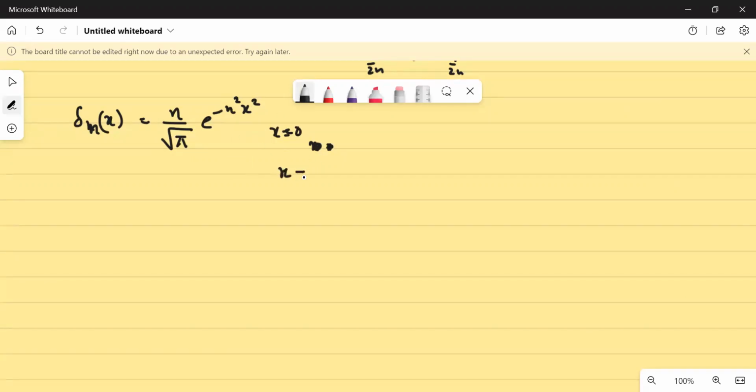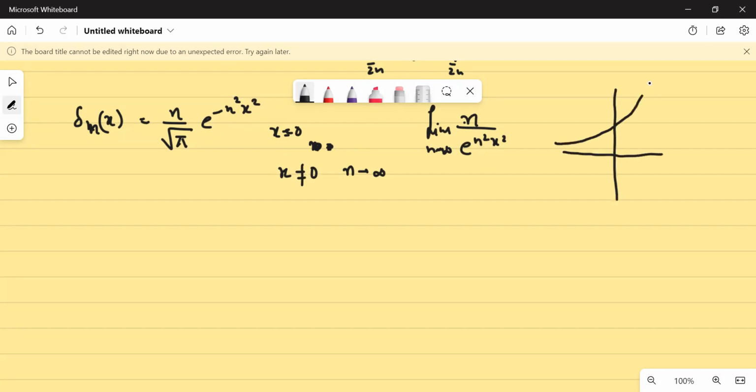And if x is not equal to 0, and n tends to infinity, you can clearly see that the exponential will rise very quickly compared to n.